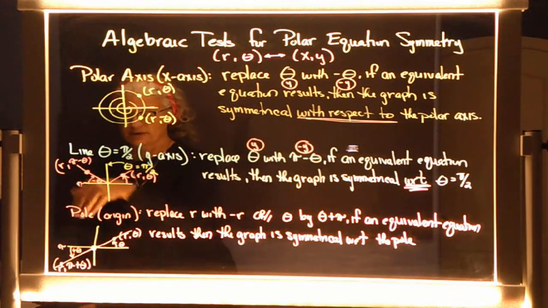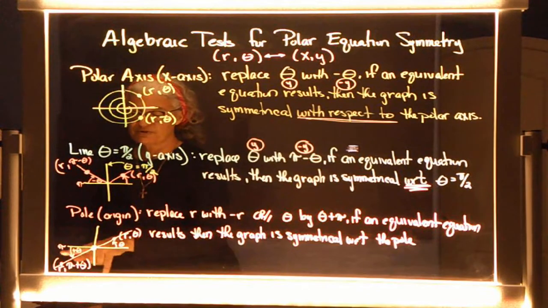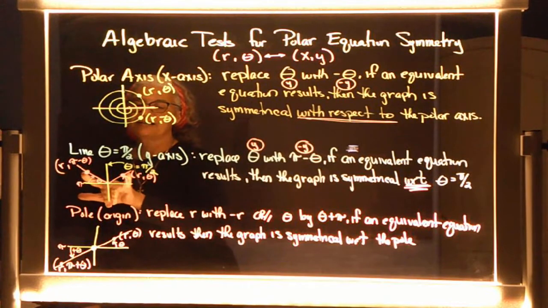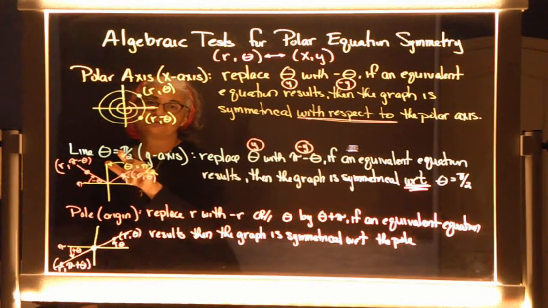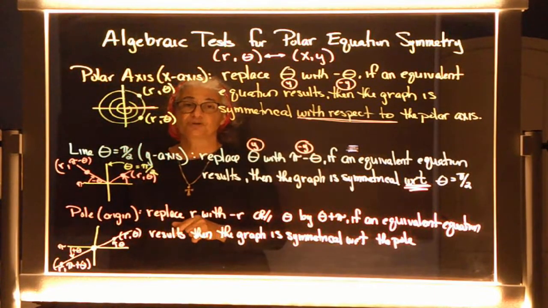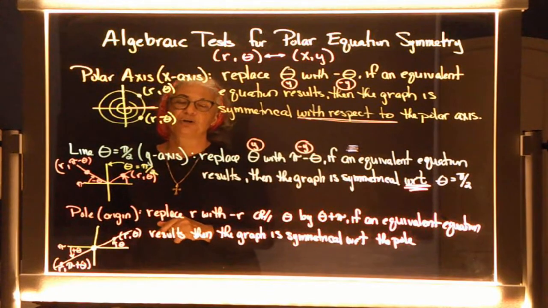So we have to go basically into the third quadrant, so pi plus theta gets me into the third quadrant to get about the pole, and pi minus theta gets me into the second quadrant to get around the pi over 2 line. Good? Okay, so stay tuned.